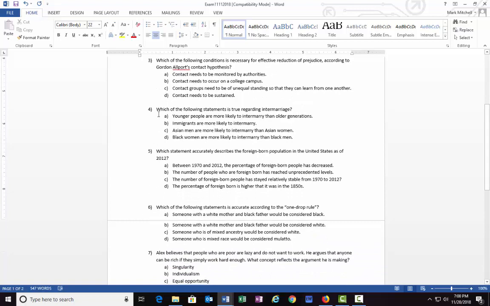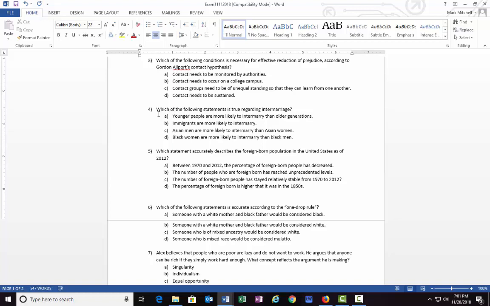Is it A, contact needs to be monitored by authorities? Is it B, contact needs to occur on a college campus? Is it C, contact groups need to be of unequal standing so they can learn from one another? Or D, contact needs to be sustained in order to reduce prejudice? And the correct answer there is definitely going to be the last option, D. Contact needs to be sustained in order for prejudice to be reduced.